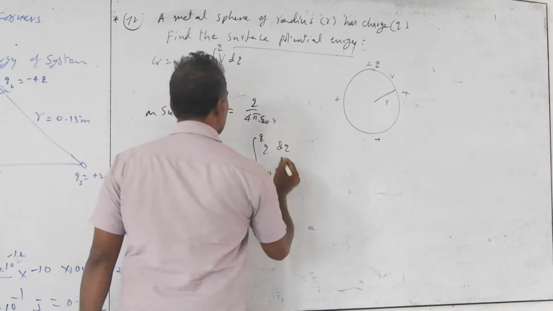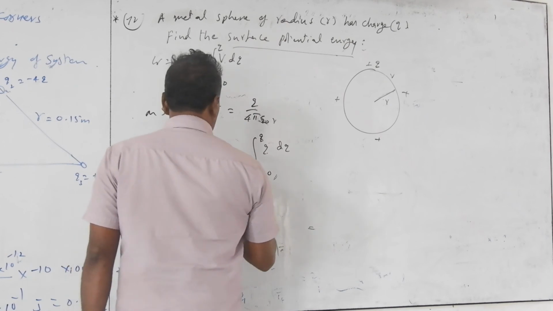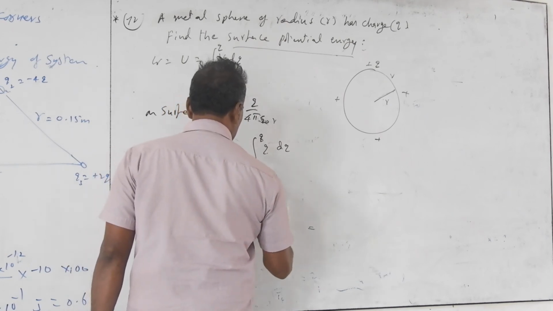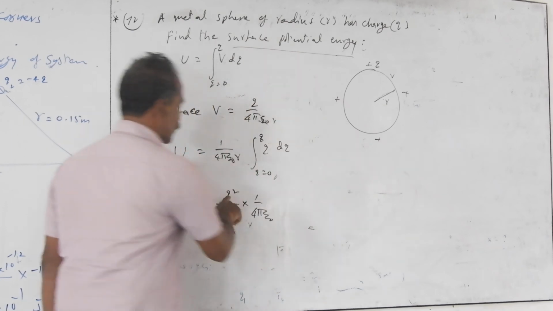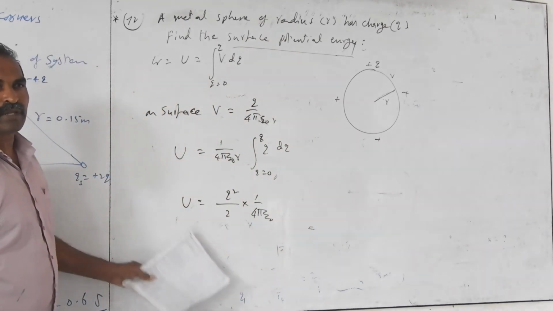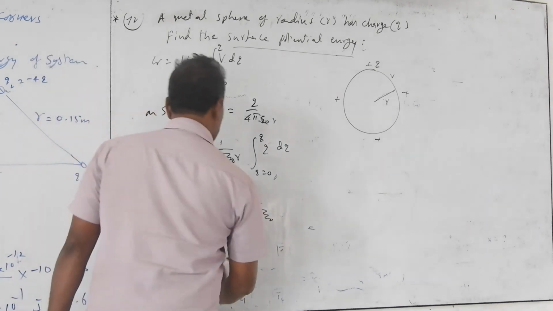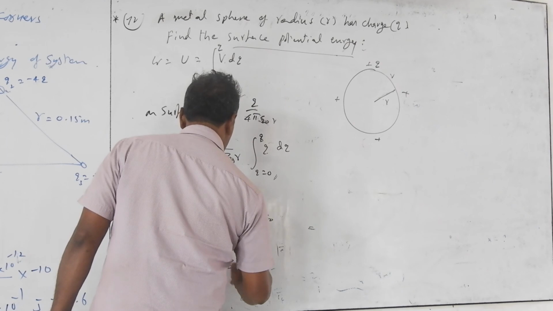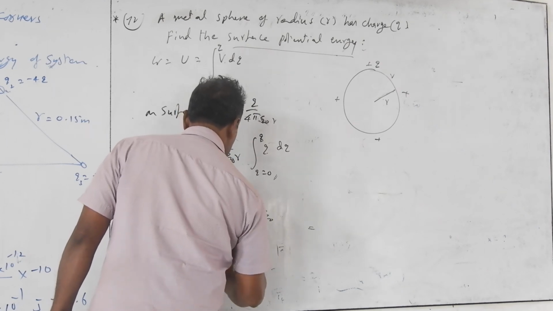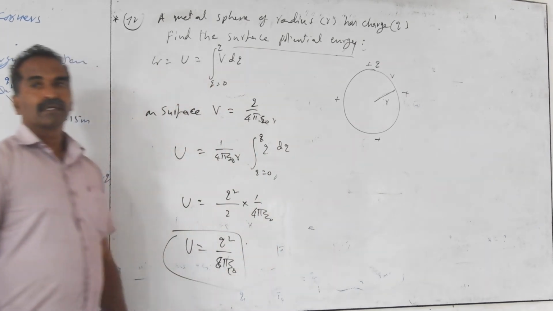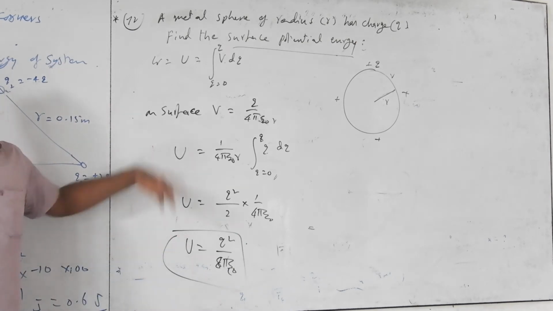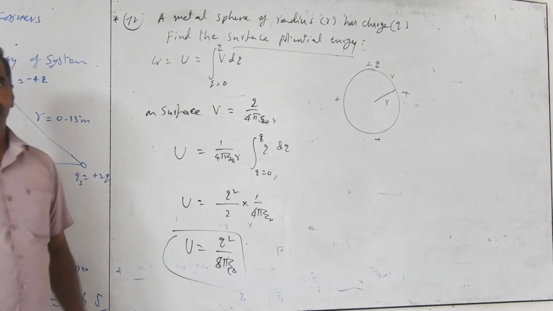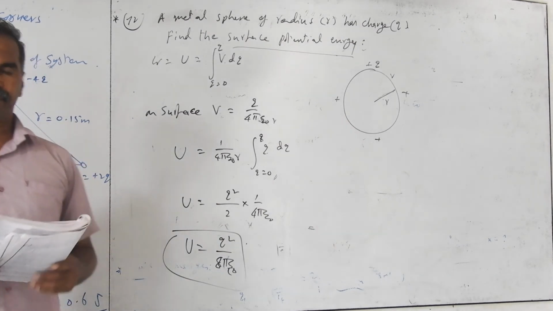So this becomes Q square by 2 into 1 by 4 pi epsilon. The q limits are 0 to Q, and we put only the final Q square minus 0. So this becomes Q square by 8 pi epsilon naught r. But remember this, you don't have to work it out: the surface energy of the sphere is Q square by 8 pi epsilon naught r, which is half compared to the potential energy term.